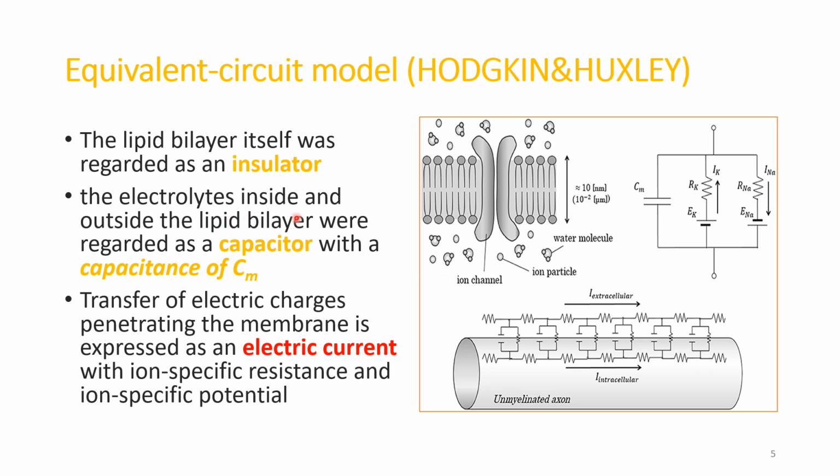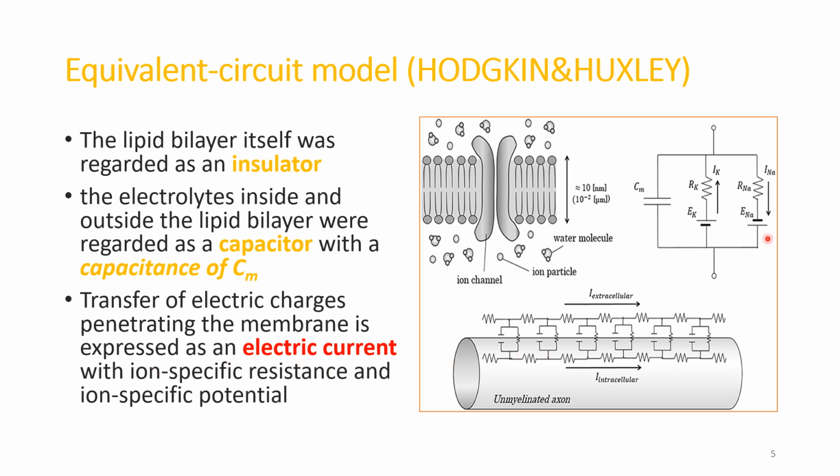The electrolytes which are present inside and outside the lipid bilayer are regarded as a capacitor with a capacitance of Cm. Then the transfer of electric charges penetrating the membrane is expressed as an electric current.